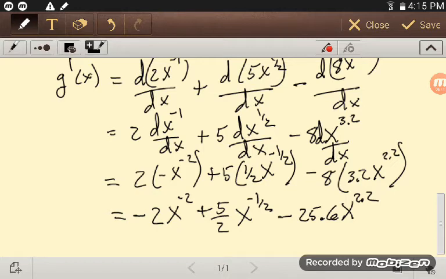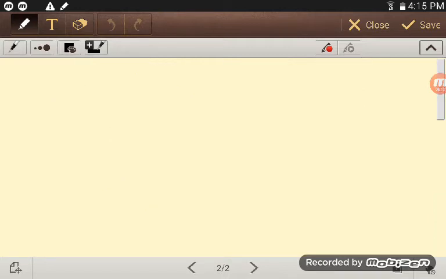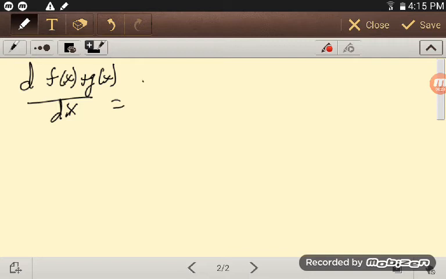Again, let's take a look at where that could come from. So suppose I want to take the derivative of f of x plus g of x with respect to x. Then what I need to do is take the limit as h goes to 0 of that thing at x plus h.